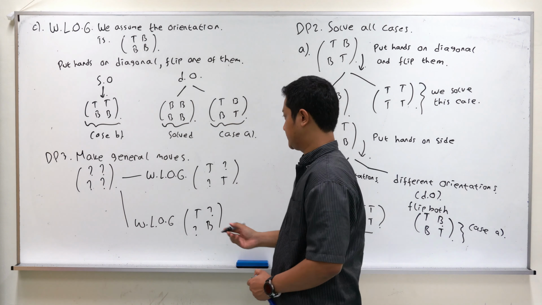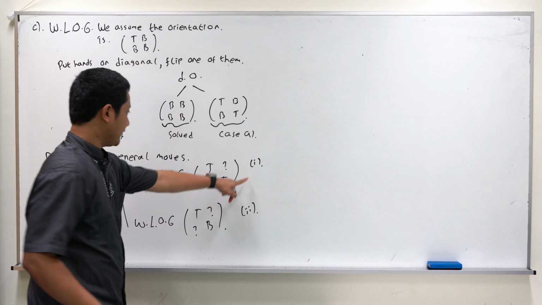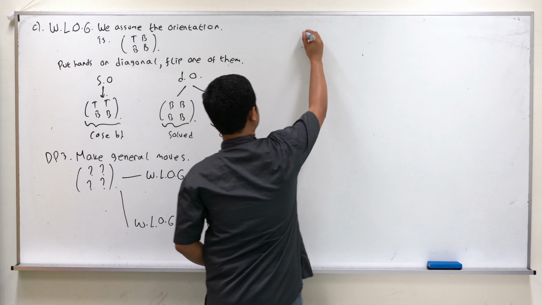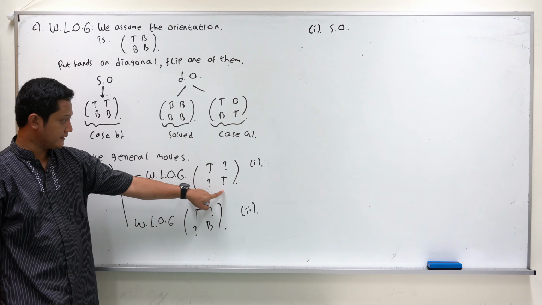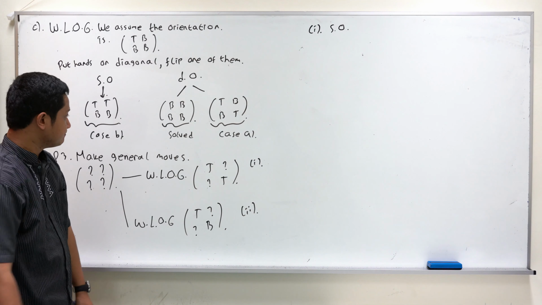I need to erase this part again. Wow, clean. Okay, what happens if they are at the same orientation? For example, TT or BB, same.